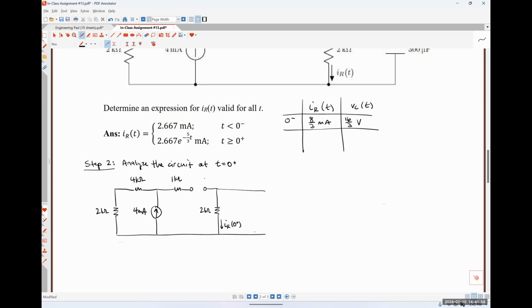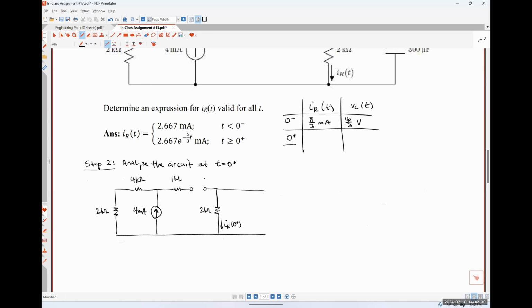Now, I want to be very clear about this because I'm about to do something that's going to seem incredibly weird. But we are looking at this circuit at one very specific instant in time, okay? We're looking at the circuit immediately after our switch has opened up. So we know that our capacitor voltage cannot change abruptly.